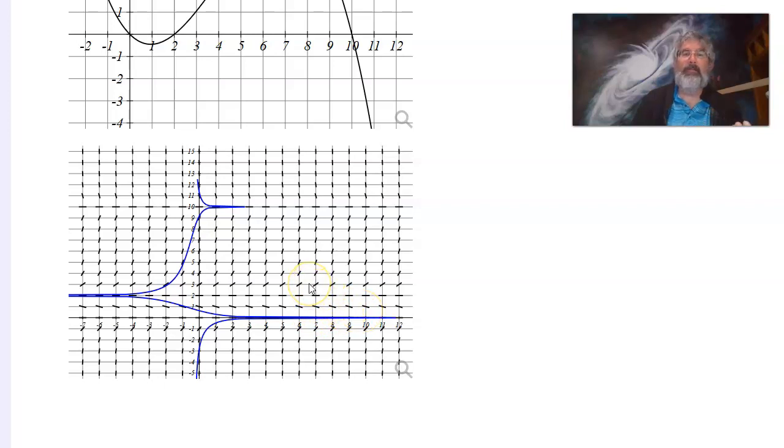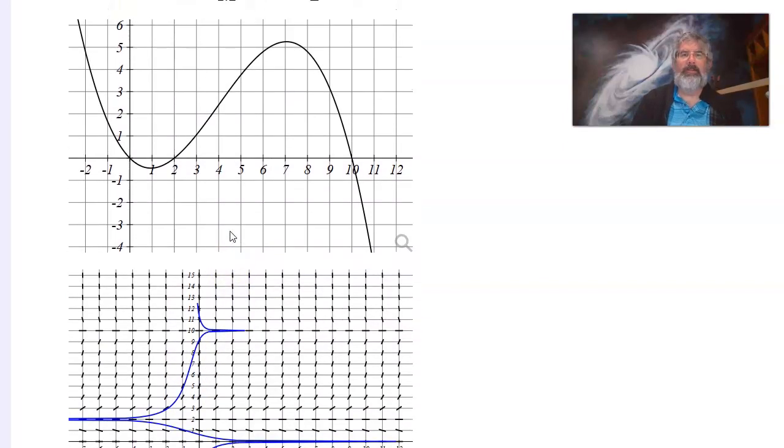If the population is above 2, then the population will grow and look like that logistic growth. Now, it's not exactly the same as the logistic growth, because the shape of the curve on the bottom here, I see a bigger bend on the bottom and a rather sharp bend on the top. That's just the nature of this: it isn't symmetric between 2 and 10. This peak is pushed over closer to the 10 than it is to the 2. So that's a little bit different.